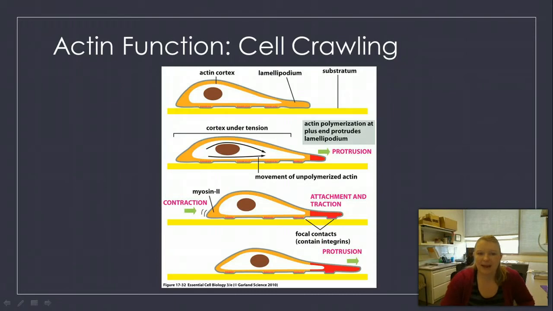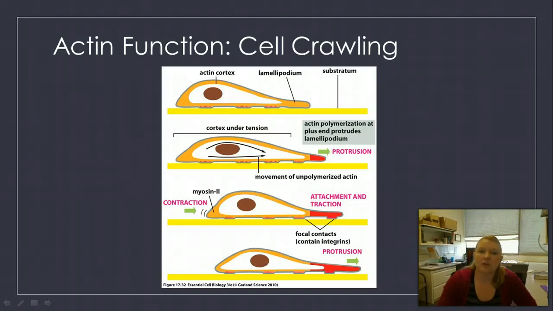Then it's going to attach to the surface that it's on, and this creates those focal contacts. So the first step is the protrusion, the second step is the attachment, and then we have the contraction from the back end, which works with myosin and helps contract the cell to catch up to the part that has been protruding.